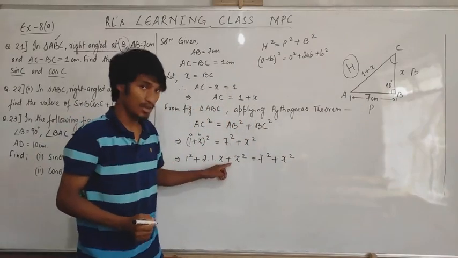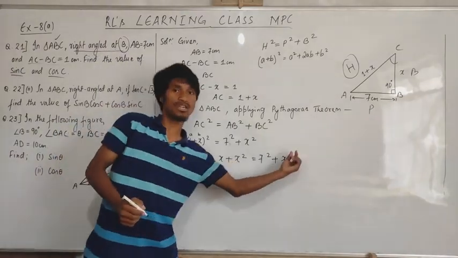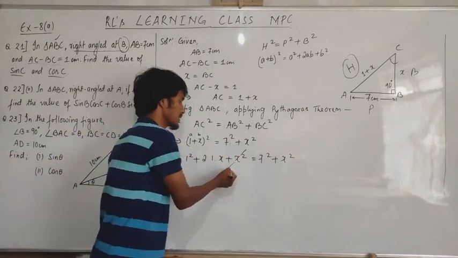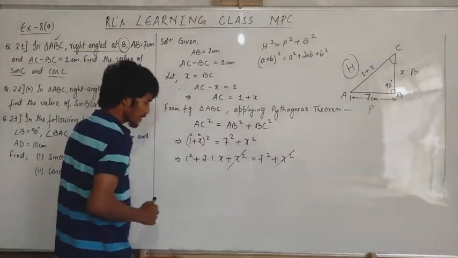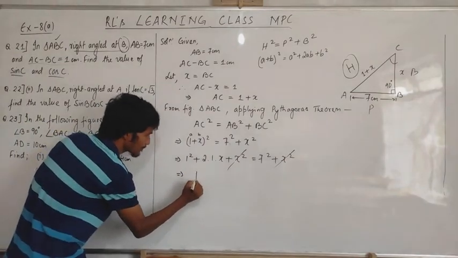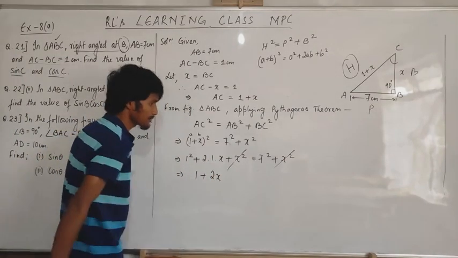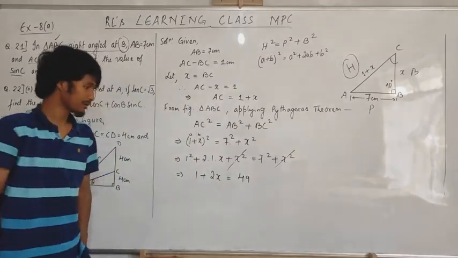Now this one is also positive, this one also is positive. If I take that side and change it to minus, then x square and x square will get cancelled. So we cancel them directly. Then here will be 2 into 1, we got 2. Then 1 square will be 1. Then plus 2 into 1 into x, we got 2x, equal to 49, because 7 square is 49.